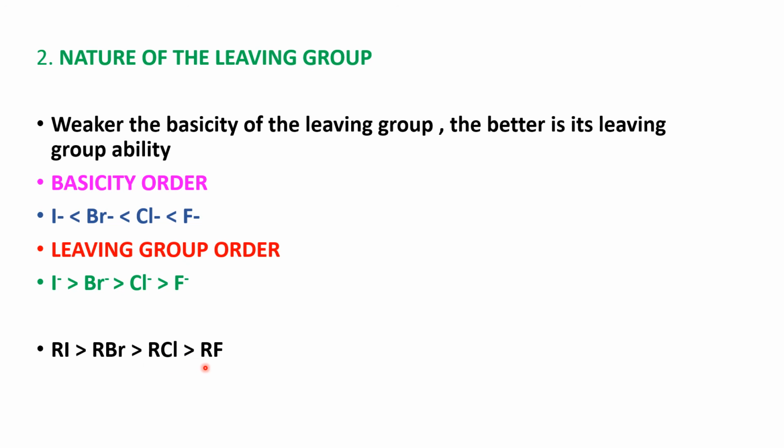If it is a weak base, it will bond weakly with the carbon center, so that when a nucleophile attacks this substrate, the leaving group can easily be displaced from the substrate molecule after nucleophilic substitution takes place.